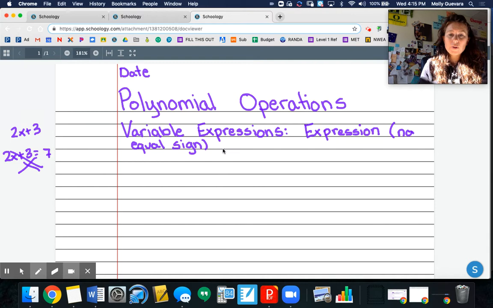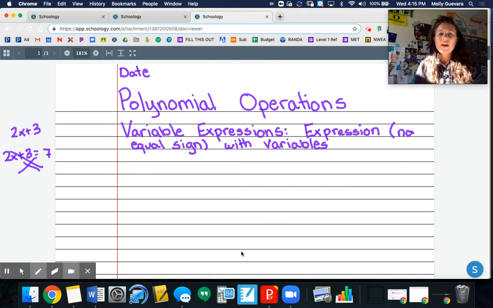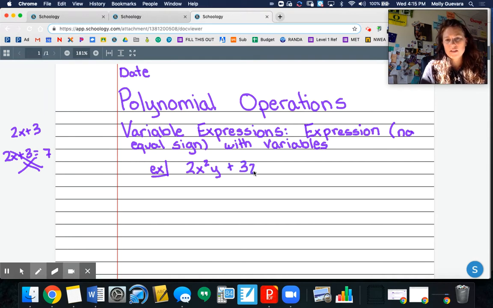So a variable expression is an expression with variables. An example of what something like this might look like: 2x squared y plus 3z.